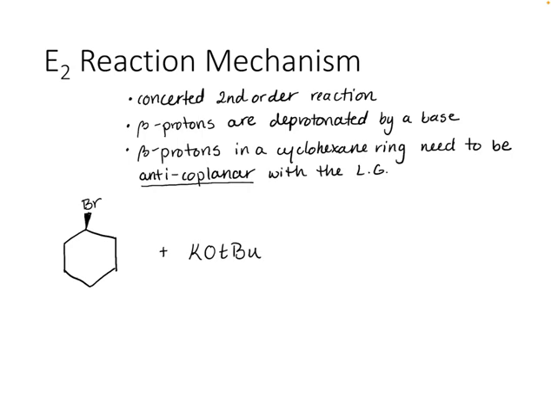So this is a bulky base, which means that it will not act as a nucleophile, which is perfect. So the base, remember, is going to take a proton from a neighboring carbon, so a beta carbon.